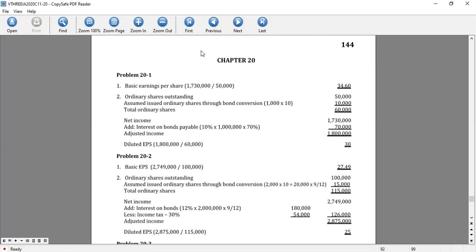So to net income, we add interest on bonds payable at 12% a year times 2 million equals 240,000. But we multiply this by 9 over 12 since the bonds were issued only on April 1, 2020. So 180,000, and we deduct the income tax of 38% or 54,000.